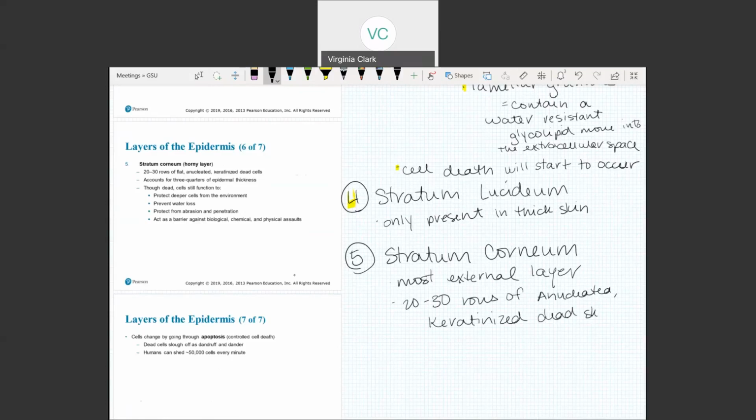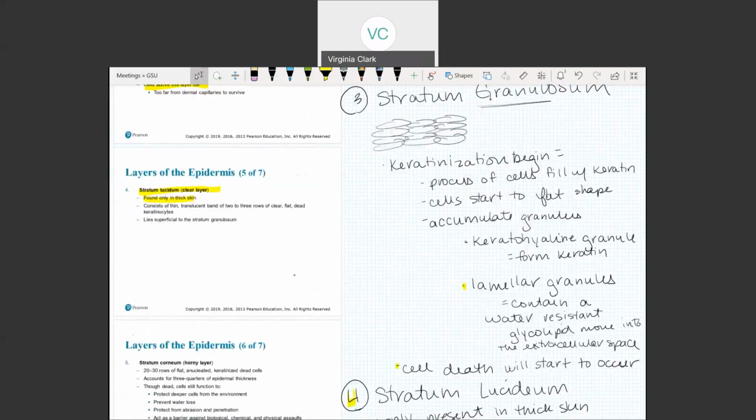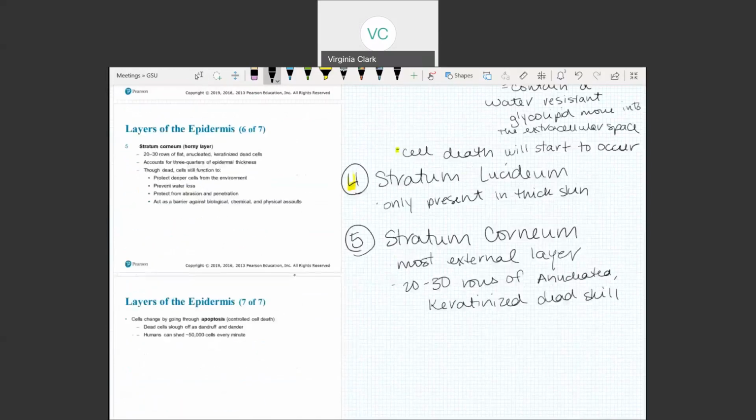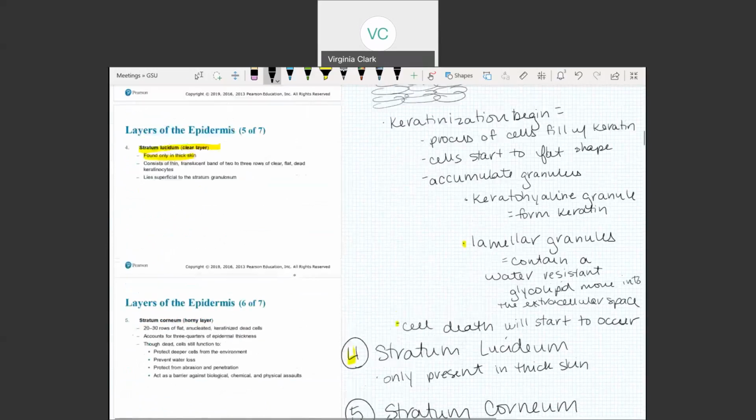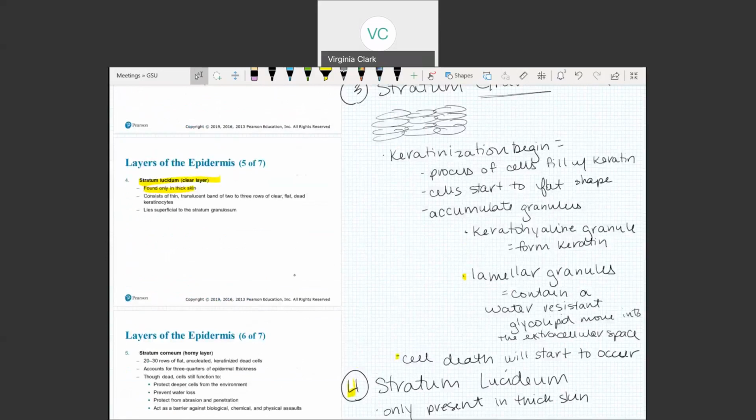So what we mean by anucleated, there is no nucleus, because up here in this keratinization process in the stratum granulosum layer, you start to lose and kill off your nucleus. So it's anucleated. These do not have the ability to divide. It is keratinized, so it's going to be full of this hard keratin protein that again happens in this keratinization process in the stratum granulosum.